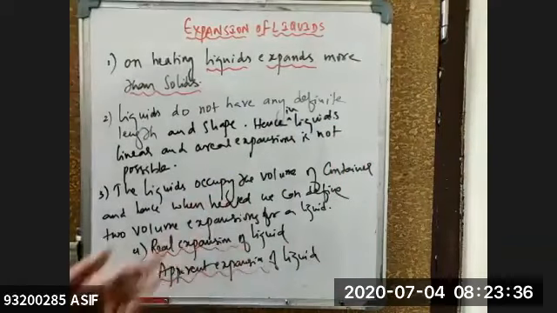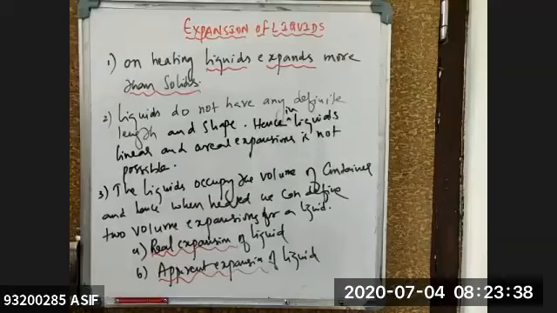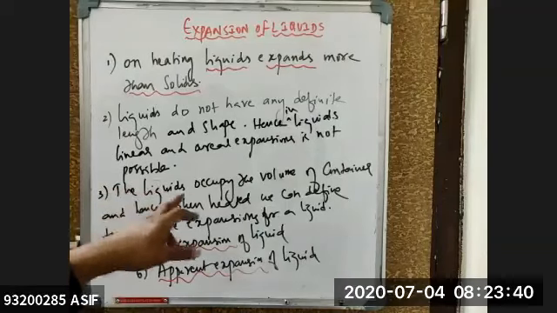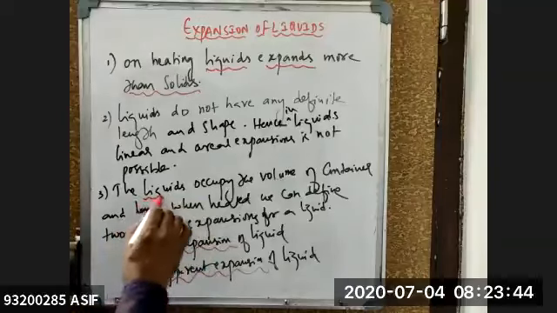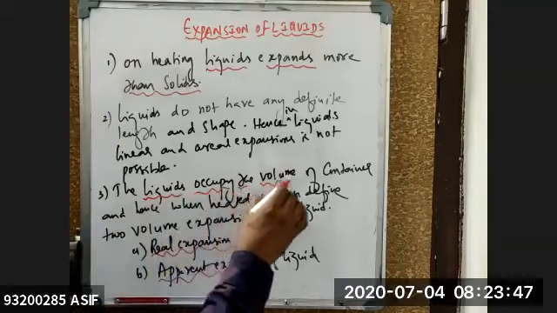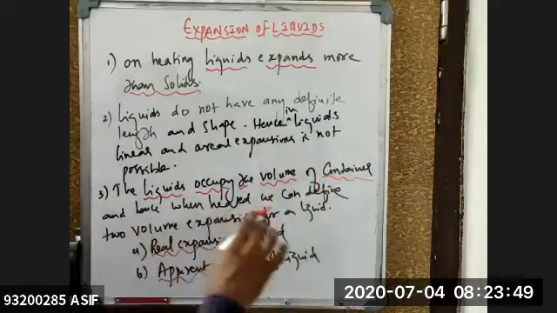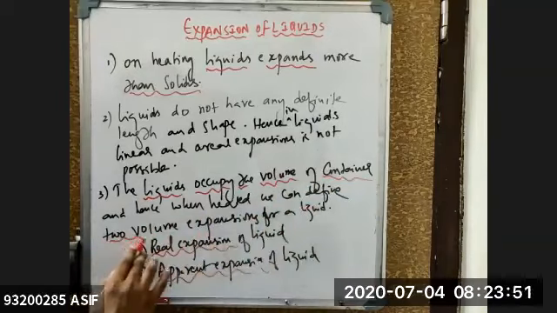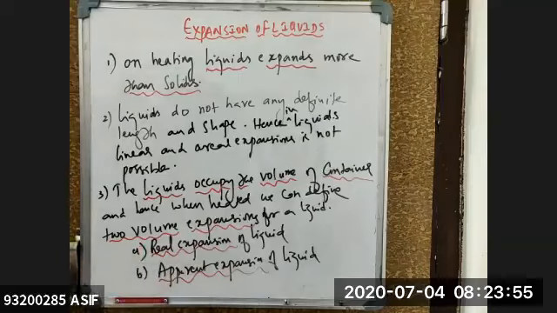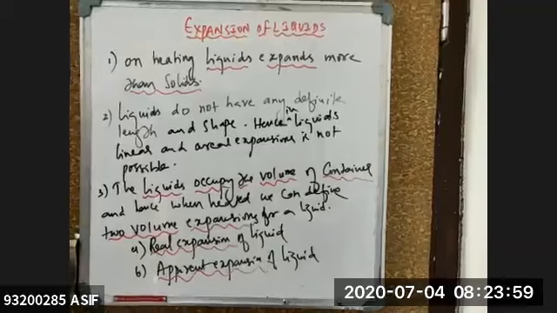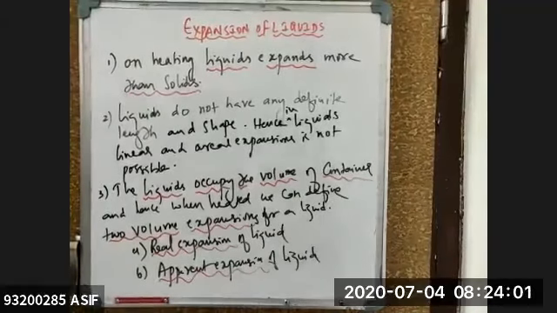That is the reason whenever we talk about liquids, the liquid occupies the volume of the container, and hence when heated we have two volume expansions. One is real expansion, another one is apparent expansion. That we'll do in detail. Clear for everyone?